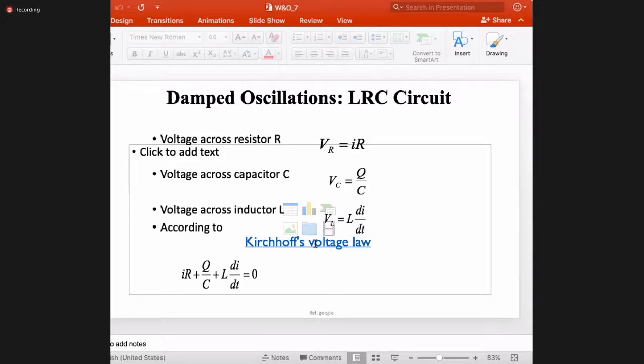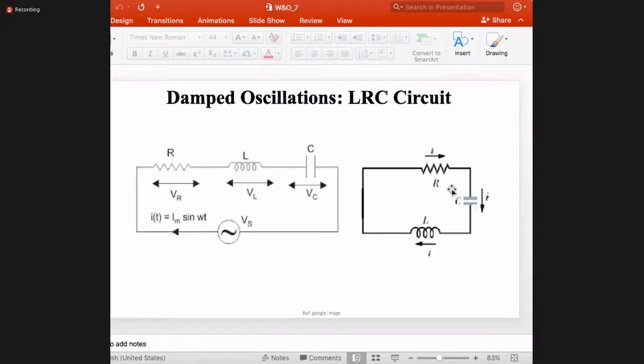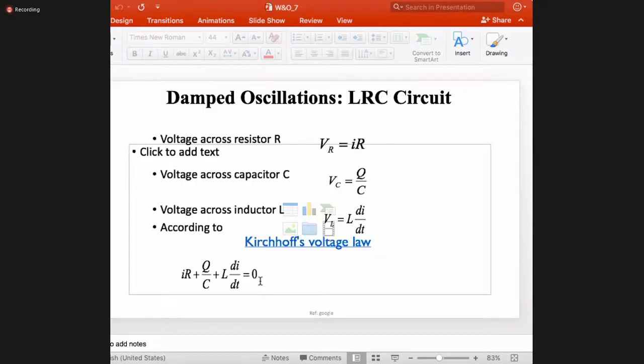According to Kirchhoff's voltage law, IR plus Q by C plus L di by dt equals 0, meaning there is no other source in this circuit, so there is a 0 on the right side. I think you understand this equation. If you have a question, you can ask me.